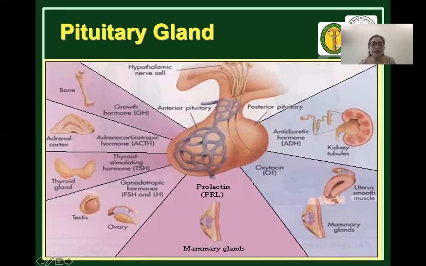And then prolactin involves mainly your mammary gland. Your posterior pituitary will have at least two important hormones, which are the antidiuretic hormone, which is the ADH, that affects your kidney tubules, as well as the oxytocin, which is mainly important in your mammary gland and uterine smooth muscle contraction.